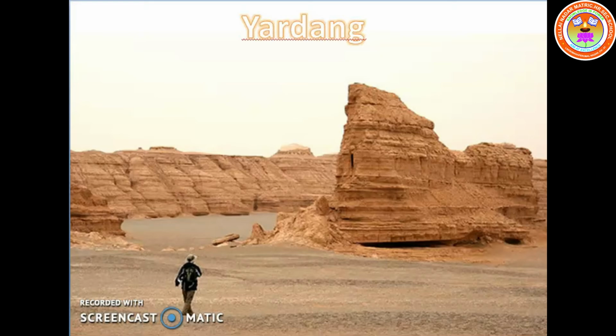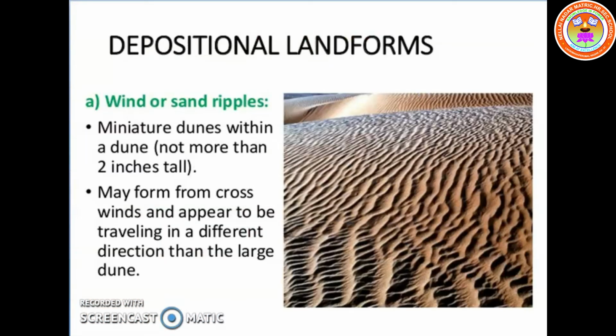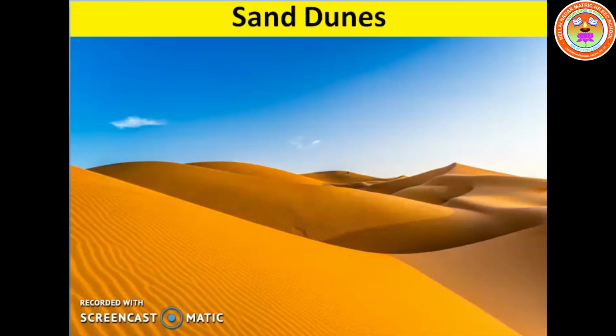Next, depositional landforms of wind. Some of the depositional landforms are sand dunes, barchans and loess. First one, sand dune. In the desert, during a sandstorm, wind carries a load of sand.